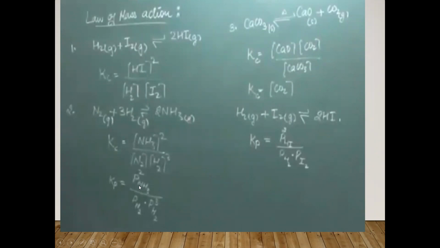If in terms of pressure, then I will put the pressure. If I'm calculating in terms of concentration, I will write Kc. If in terms of pressure, I will write Kp. So what I want to say is that in the case of gases, we can measure the equilibrium constant in terms of concentration also and in terms of pressure also.